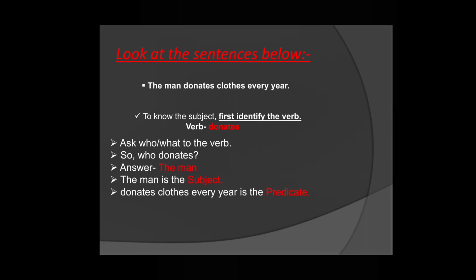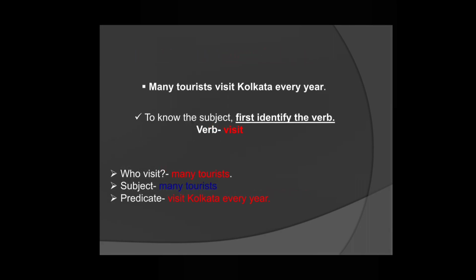Who donates clothes every year? The answer is the man. So the man is the subject. And then what is my predicate? Donates clothes every year is the predicate. As I have told you, the verb donates will also be the part of the predicate. Clear? Let's move to the next slide.